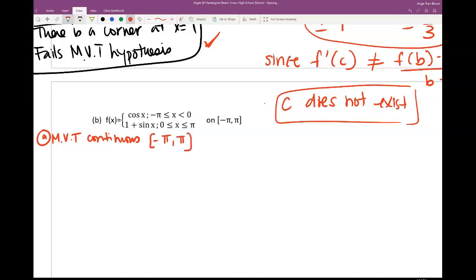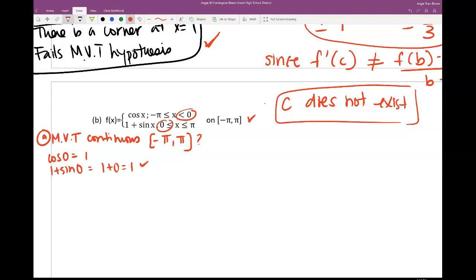The issue is really at 0. If the output of the top part and the bottom part are equal, then it's continuous. Cosine of 0 equals 1. 1 plus sine of 0 equals 1 plus 0 equals 1. So continuous, check.